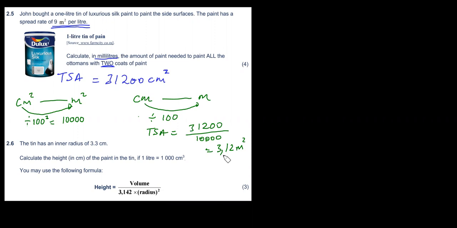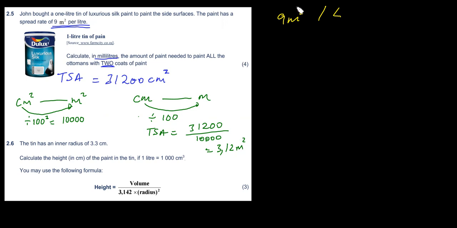So 3.12 square meters. Now what we are having here is 9 square meters per liter. So when I check, how many liters do we need in this case?